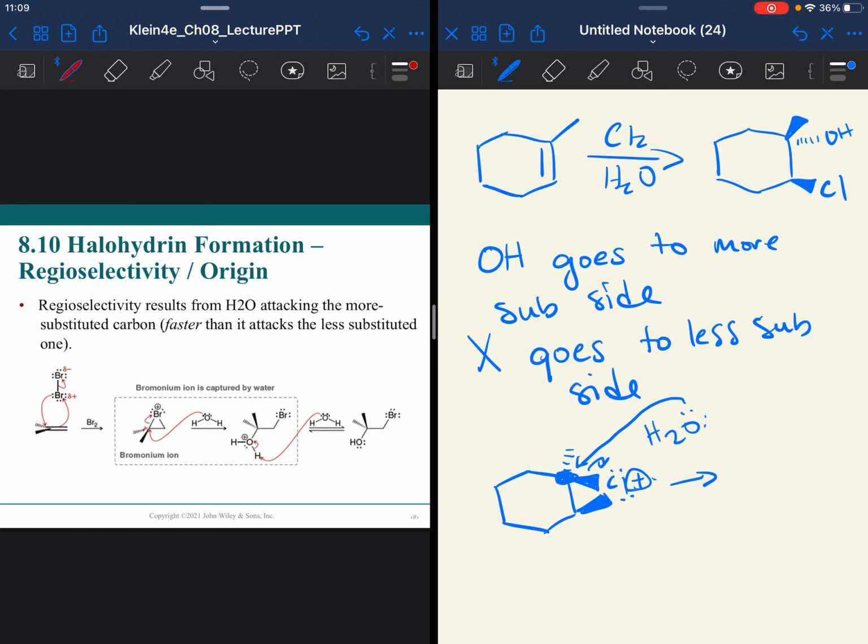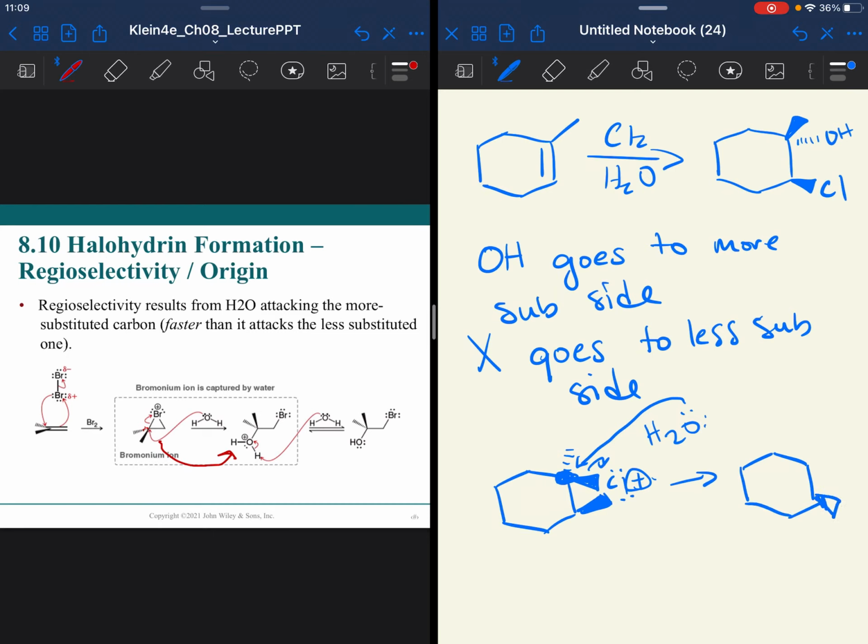This right here, when the water is attacking the carbon and the halonium ion is opening, this transition state between the halonium ion and this intermediate is a lower energy if it attacks on that side. So it will attack that side more rapidly.